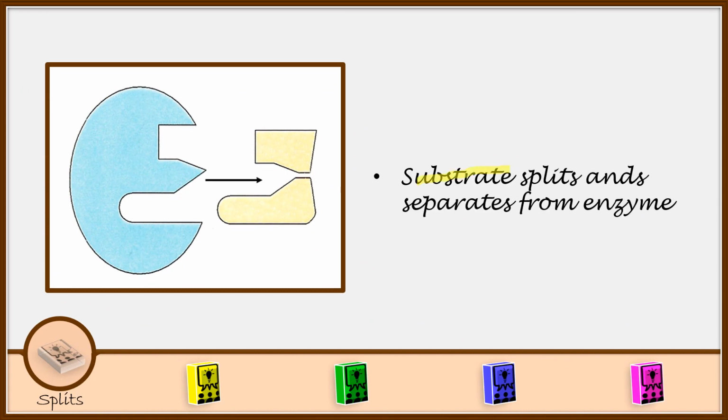Now the substrate splits and separates from the enzyme. When the substrate has been split into two parts, it separates from the enzyme, meaning the enzyme has finished its action and is ready to perform another reaction.